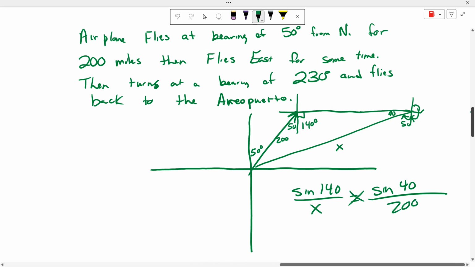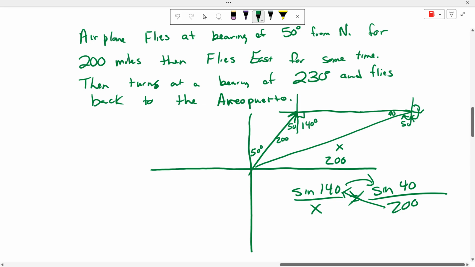So we cross multiply. So 200 times the sine of 140 divided by the sine of 40. What do we get? 200 on the dot. Guess what we did?